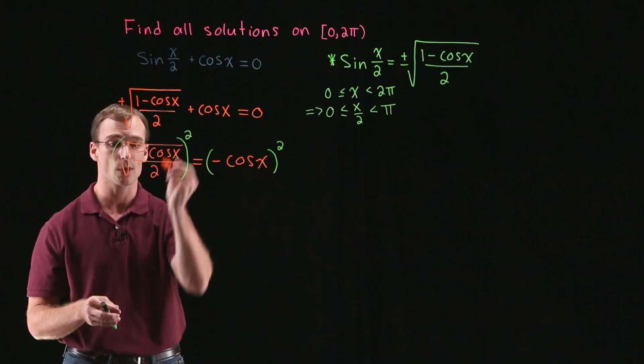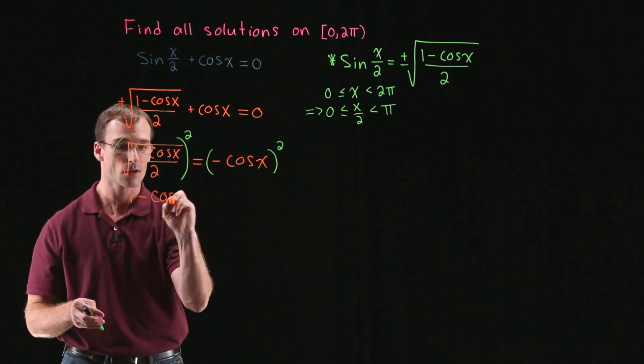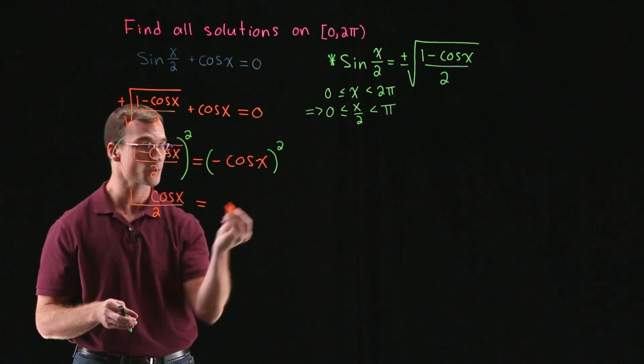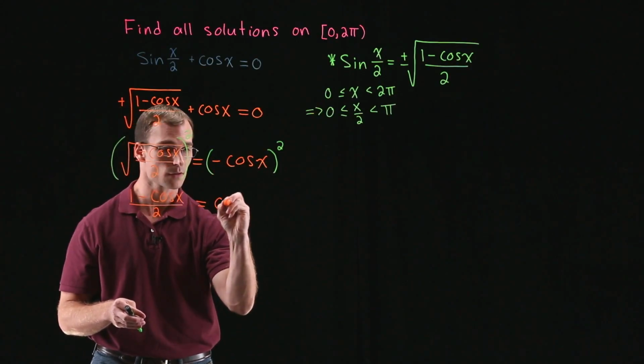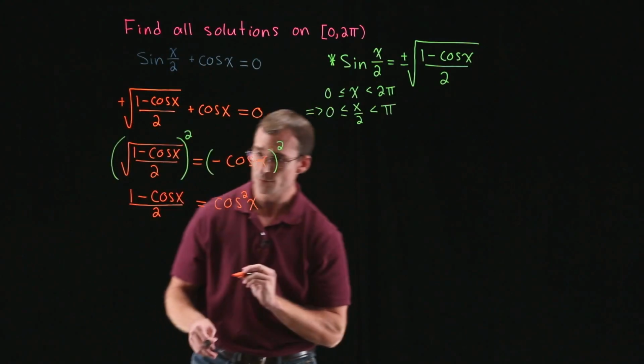So squaring our square root leaves us with 1 minus cosine x over 2, and that's equal to, again, positive cosine squared x.